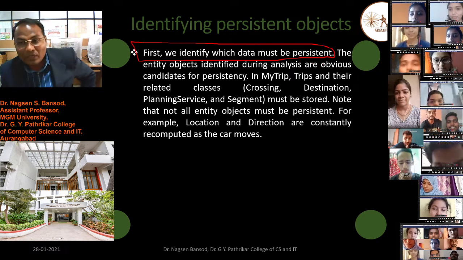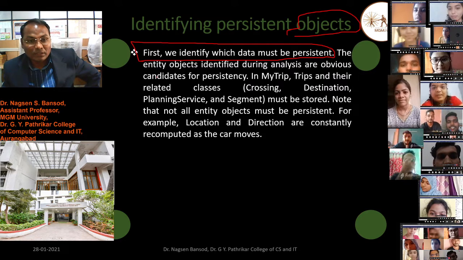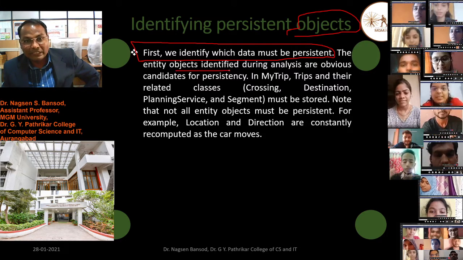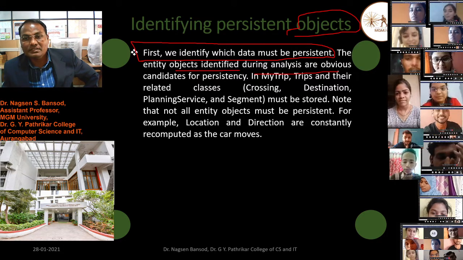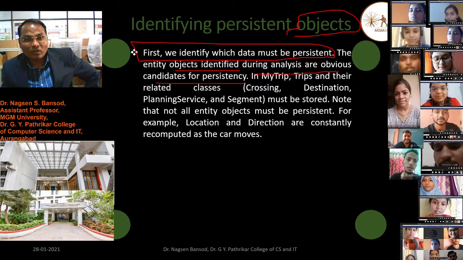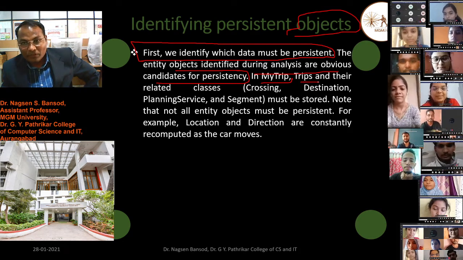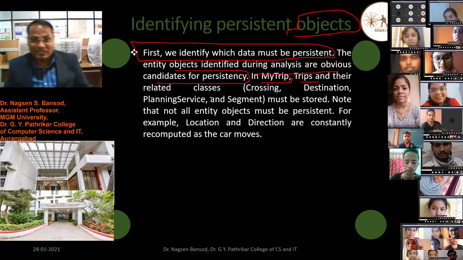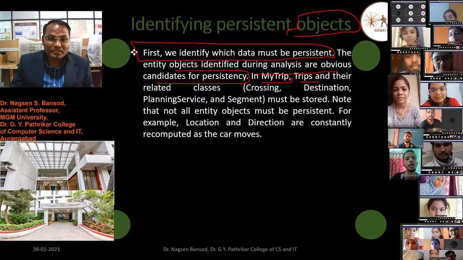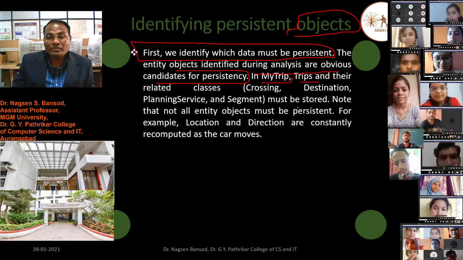Okay, but now we want to find out the persistent objects. The entity objects identified during the analysis are obvious candidates for persistence. In my trip, the trips and their related classes, crossing, destination, planning services, and segments must be stored.